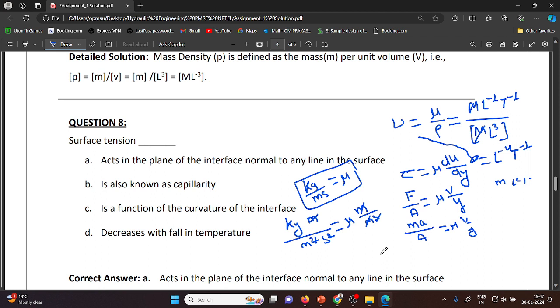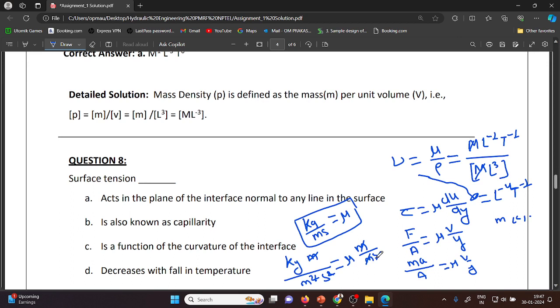Where are we making the mistake? Are you able to find out? Stress is equal to, we have everything right. Shear stress is equal to force by area, force is equal to mass into acceleration, and your area is there.